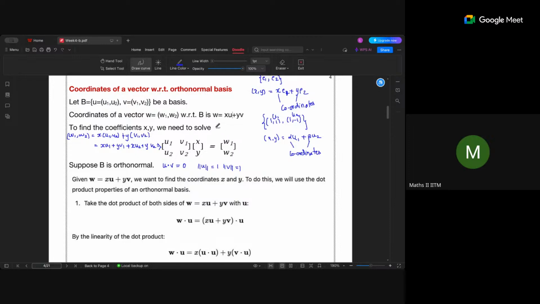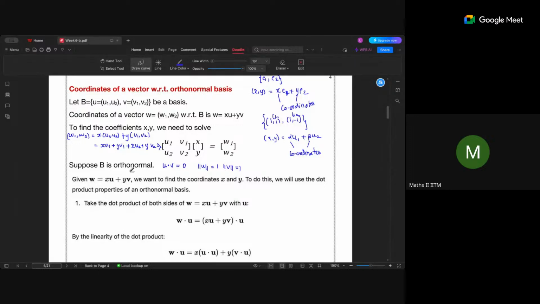What is this we have here? This is a system of linear equations to solve. Once you solve the system of equations, the solutions will give you these coefficients x and y, right?